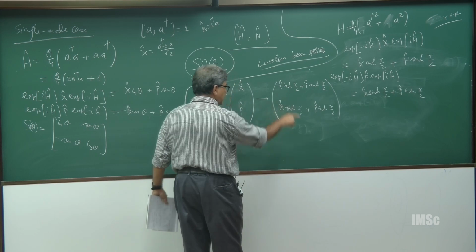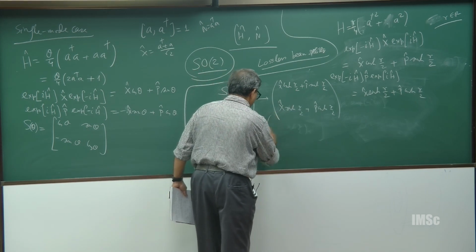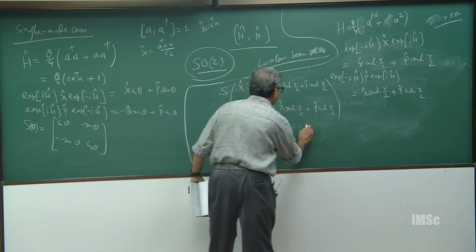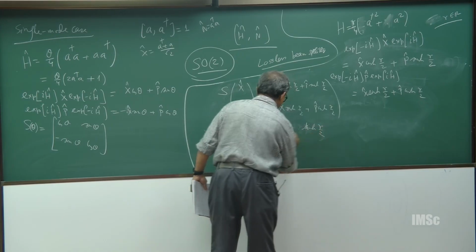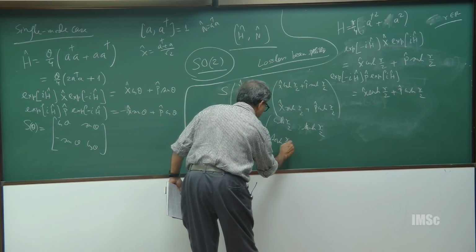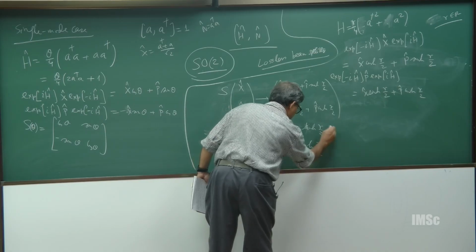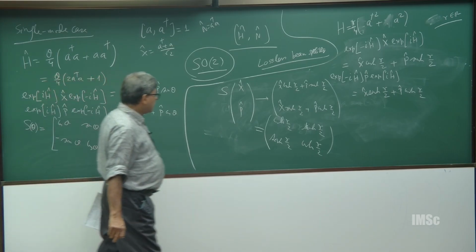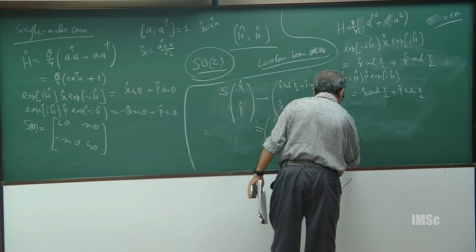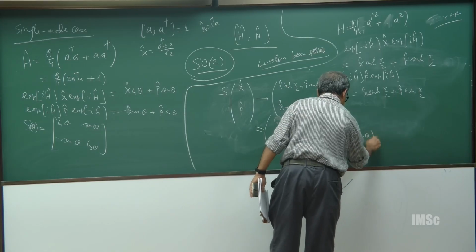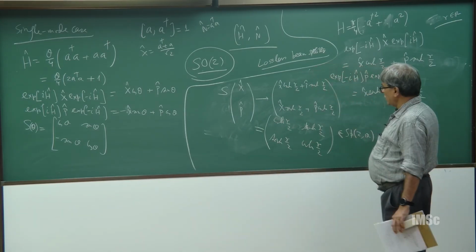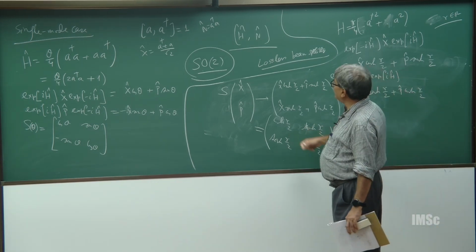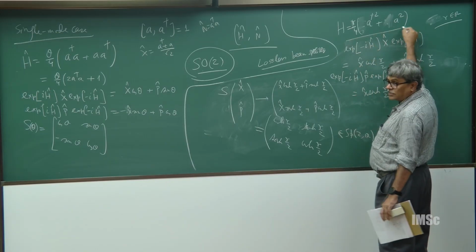This symplectic matrix is cosine hyperbolic r by 2, sin hyperbolic r by 2, sin hyperbolic r by 2, cosine hyperbolic r by 2. This is an element of SP2R. So this symplectic transformation is achieved by such a Hamiltonian.